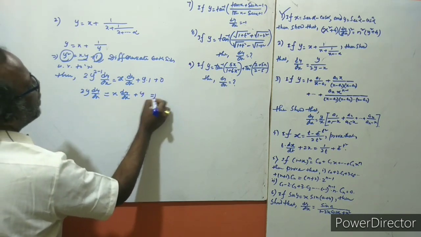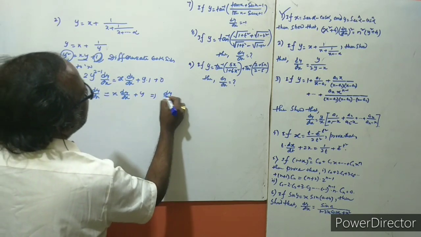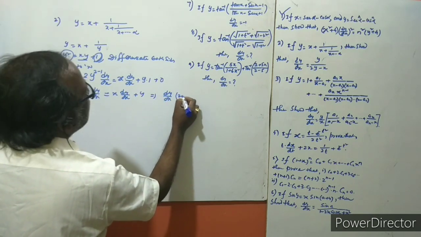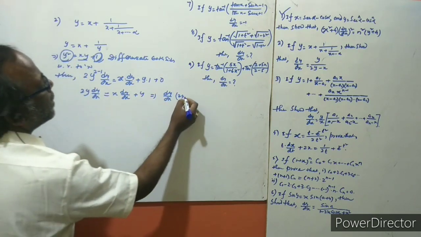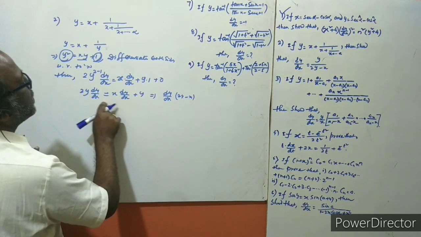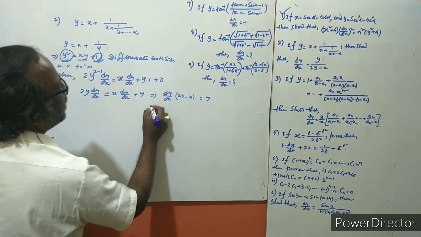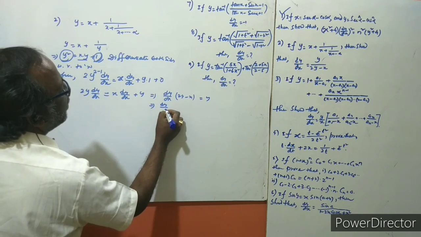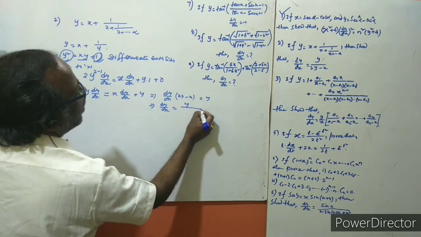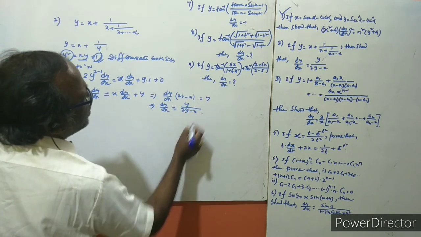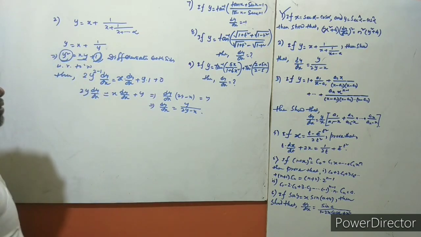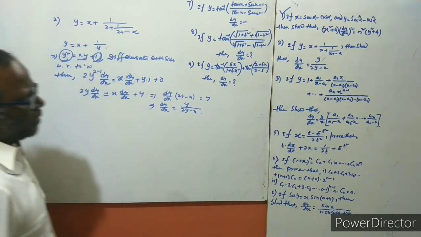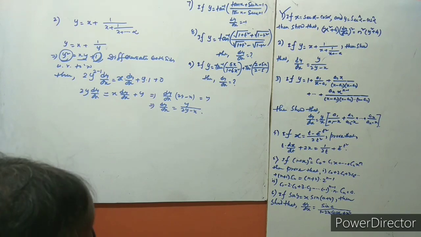So taking common dy by dx, we get dy by dx equal to y by 2y minus x. Okay, good.